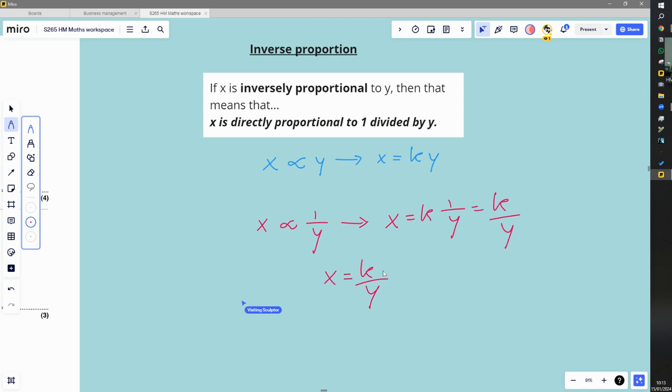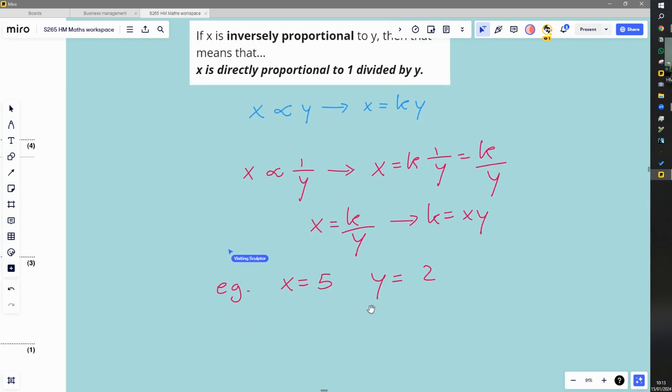So this time, if we want to rearrange to find out what k is, then we would multiply both sides by y, and we get k is equal to x multiplied by y. So for example, let's say that x is equal to 5 and y is equal to 2, and we're saying that x is inversely proportional to y.